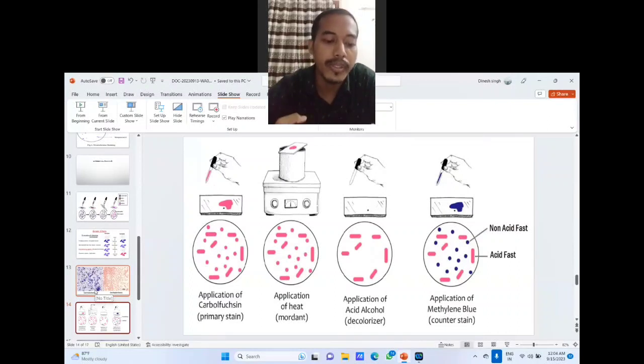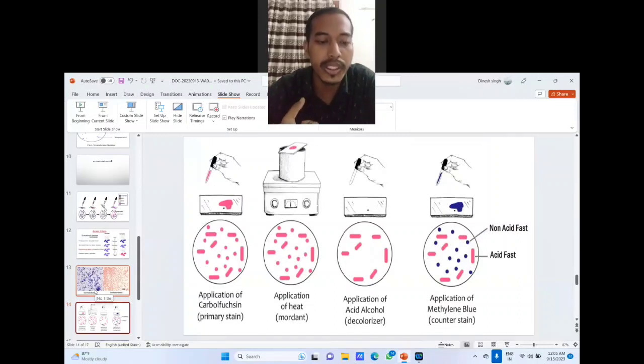After preparation of the smear, you have to apply heat to the lower part of the slide, and in the upper part we have to apply the carbol fuchsin.